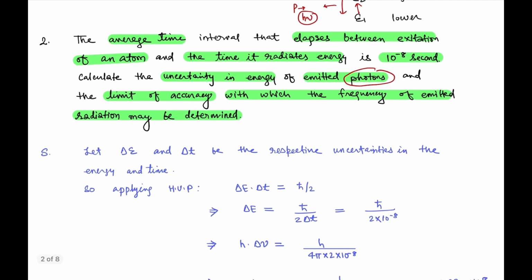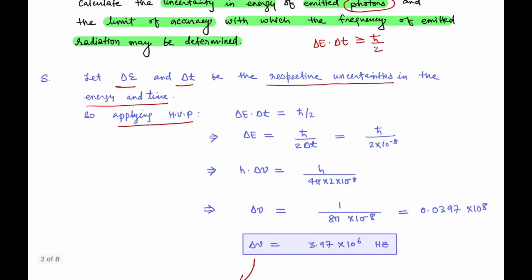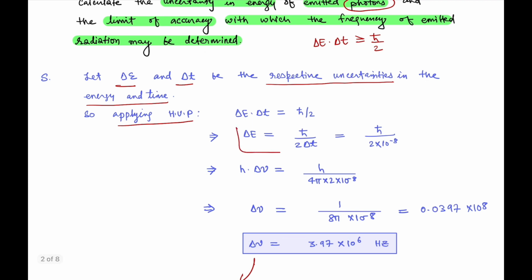So we know that here we are going to use the energy-time variation of Heisenberg's uncertainty principle, that is delta E multiplied by delta T is greater than or equal to h bar by 2. Let delta E and delta T be the respective uncertainties in the energy and time. So when you apply Heisenberg's uncertainty principle, you get delta E to be h bar divided by 2 times delta T. And we know that delta T would be approximately equal to T when we consider the order.